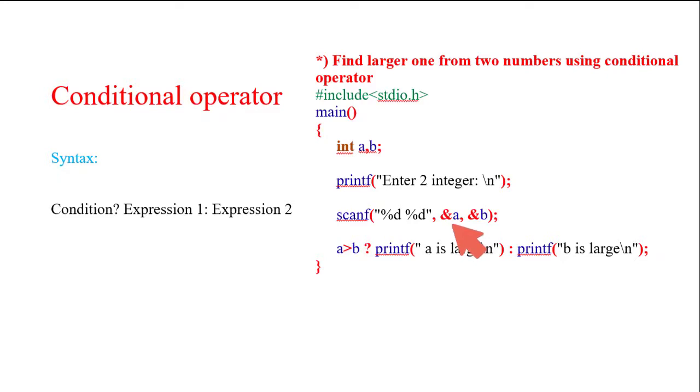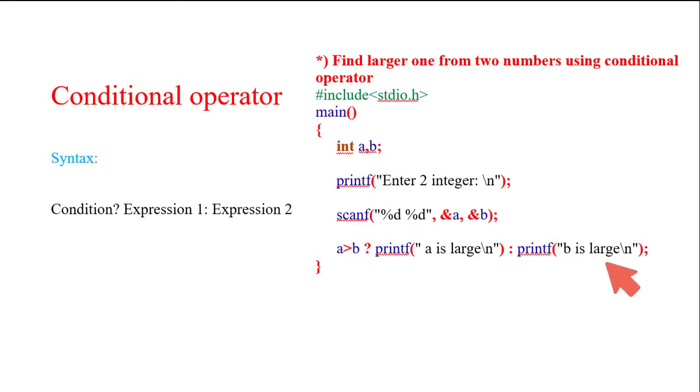Normally it is called ampersand a and ampersand b, and the value which will be taken from the keyboard is integer type. So format specifier will be used as %d, %d. This first %d is for a and second %d is for b. It is always better to use this printf enter two integer, and no doubt a and b are two variables that should be defined at the initial stage of this program.